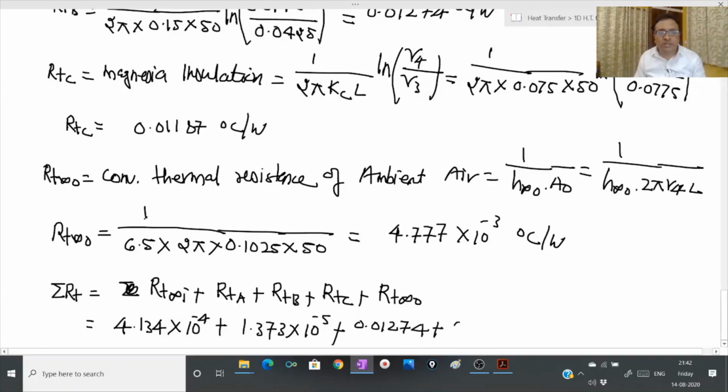RTC is 0.01187, and finally RD infinity O is 4.777 into 10 to power minus 3.